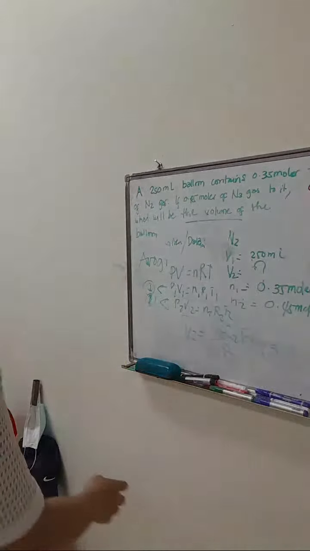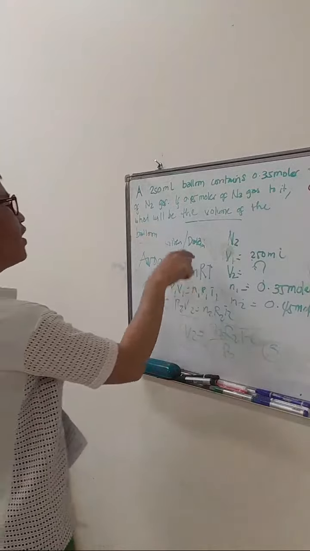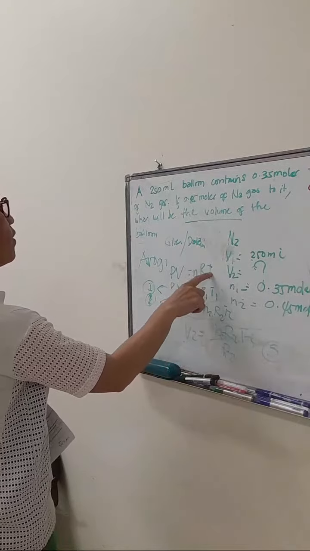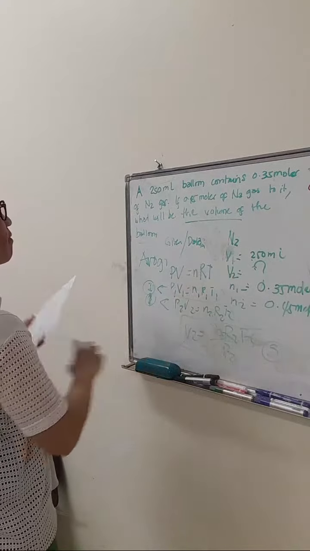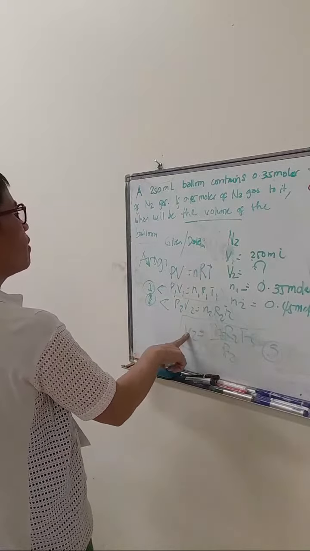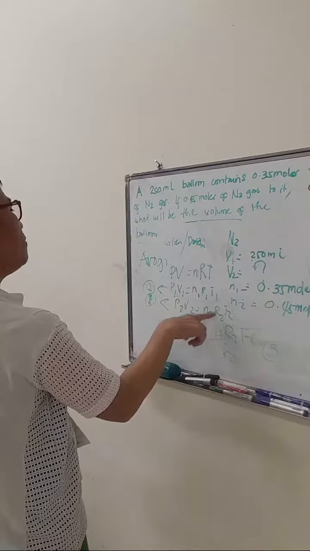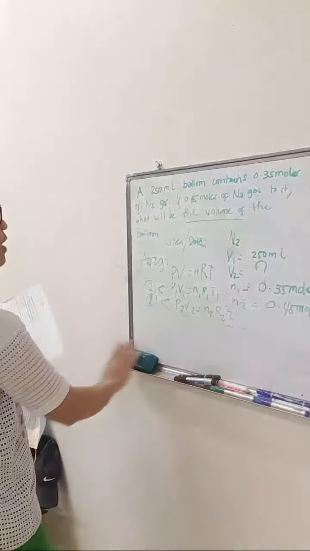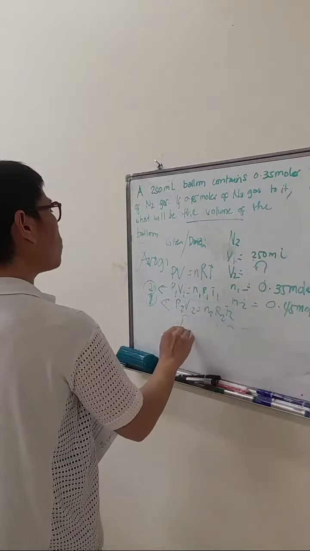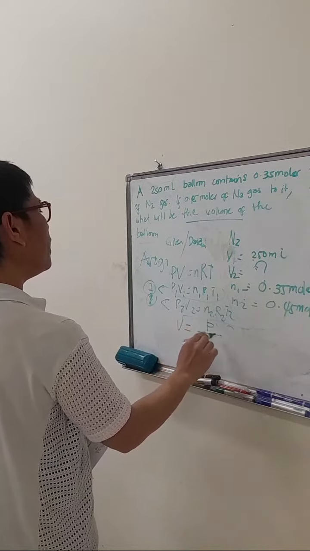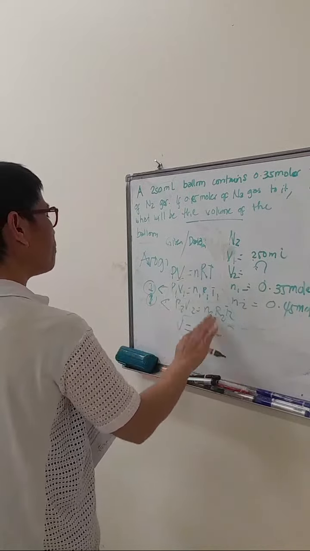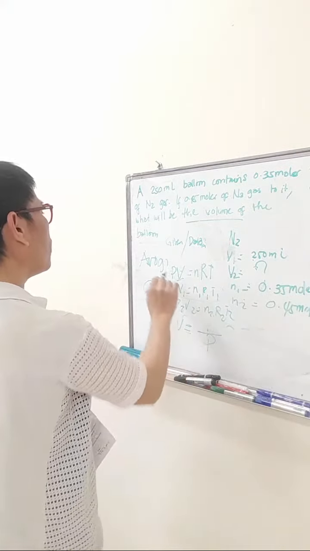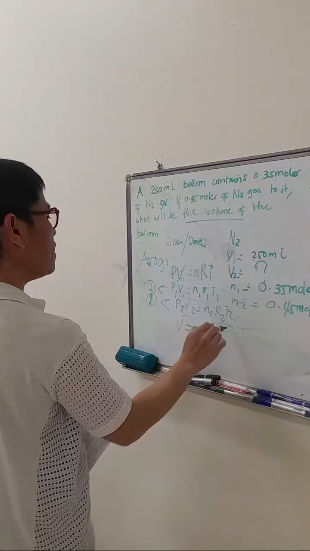PV is equal to nRT, so volume is equal to nRT over P, where P, R, and T are constant.